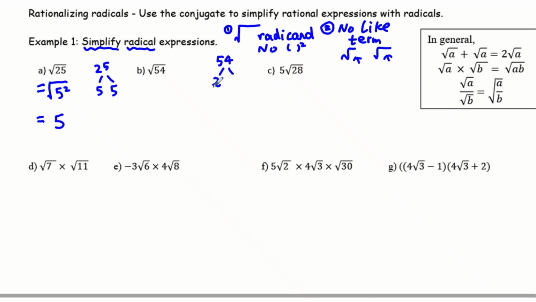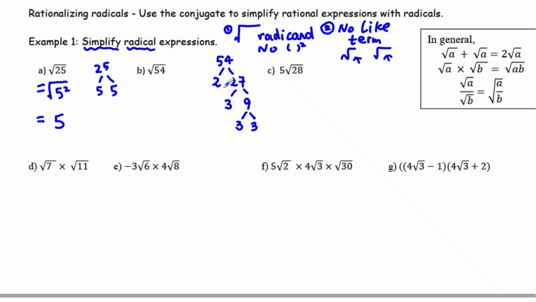So 54 divided by 2 gives you 27. Then this is not an even number, so no prime number 2. Then we try the next prime number, 3. 27 divided by 3 gives you 9. Not an even number, so no 2. Then we try 3 again. 9 divided by 3 gives you 3.